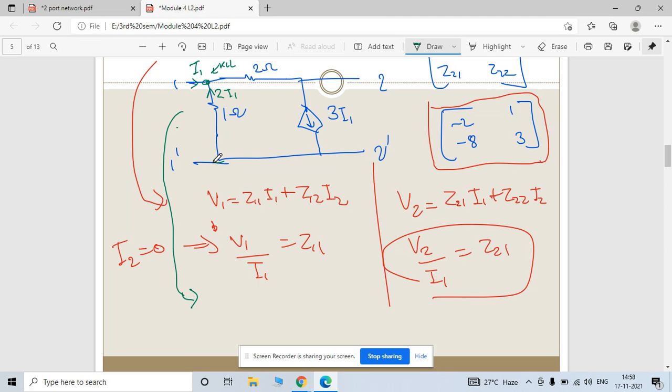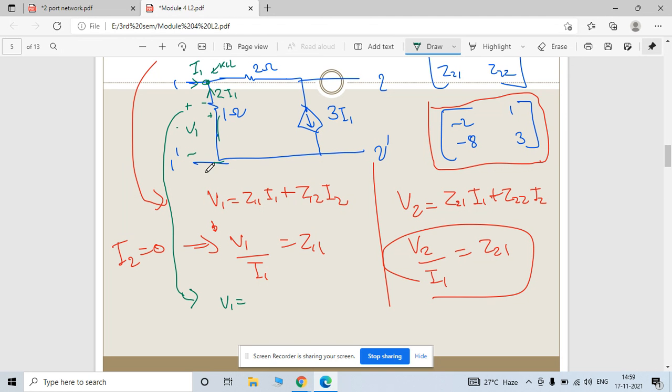So V1 divided by I1, what is V1? V1 is nothing but the drop across this 1 ohm resistance. What is the polarity? Plus and minus.